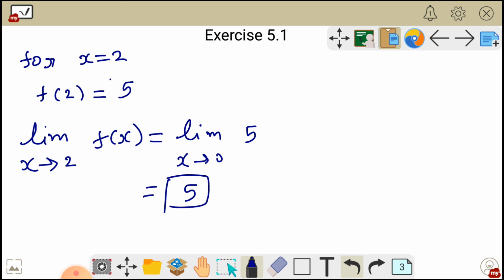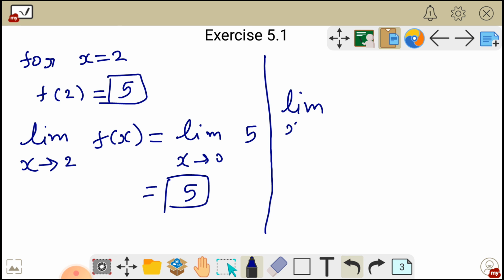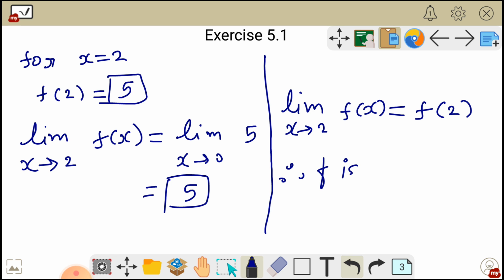So here we can say that limit x tends to 2 f of x is equal to f of 2. That's why f is continuous at x is equal to 2.